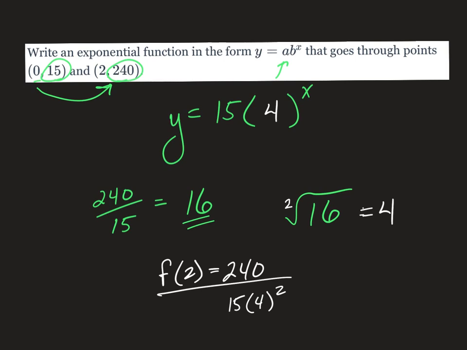And you could also plug in the 0 as well, but the 0 is pretty self-explanatory. If we remember that our powers of 0 equal 1, this would be 15 times 1, which of course is 15. So what you've got to remember is however many steps is going to be the index of the root. 4 steps is a 4th root.